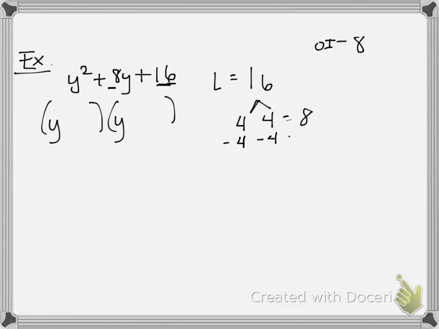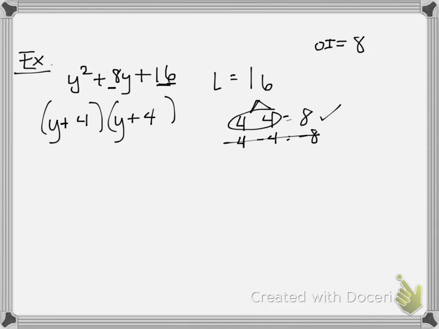Negative 4 minus 4 equals negative 8. So I want the positive 8. So these are my factors. These go away. That leaves me with y plus 4 and y plus 4.